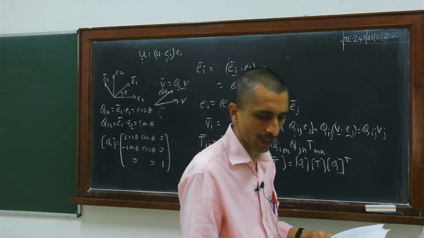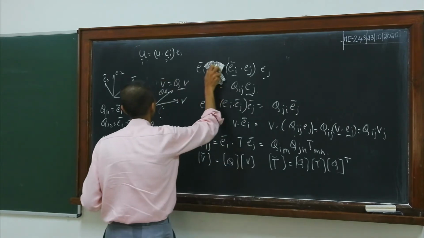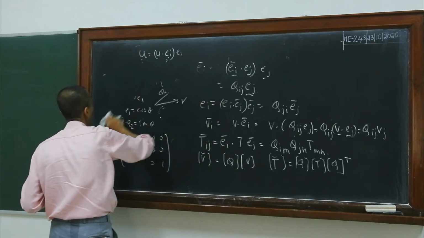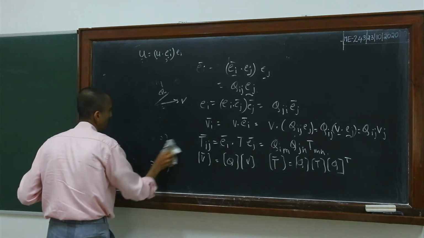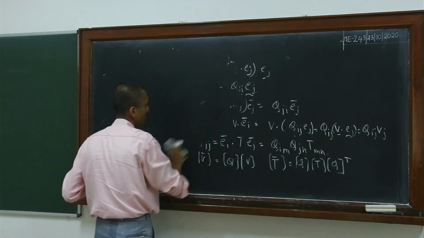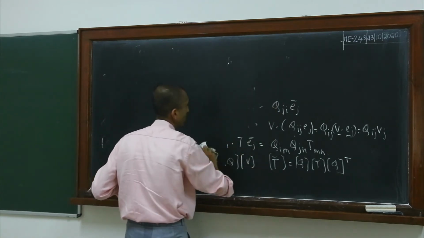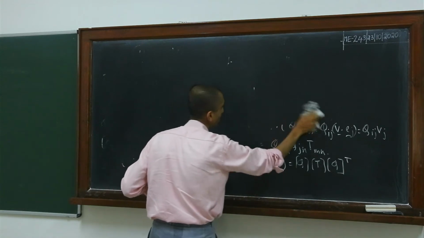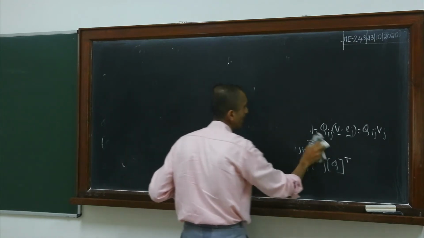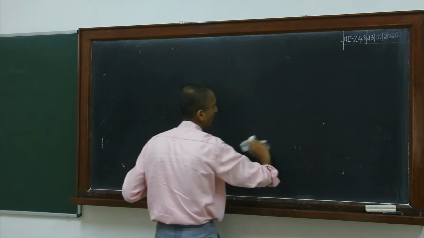Okay, now let us look at some of the properties of Q, orthogonal tensor. So we will look at eigenvalues, eigenvectors of Q and so on. So actually Q has a very, very rich structure, and in this class we will not be able to study all the various kinds of properties, but at least a few important properties we will take a look at.